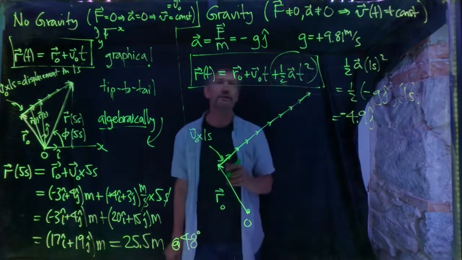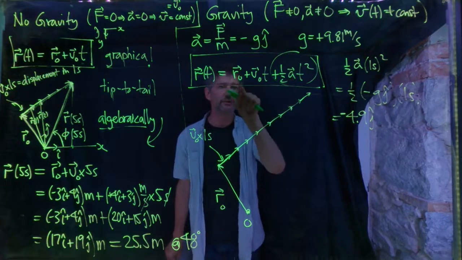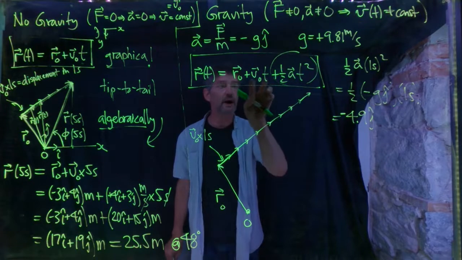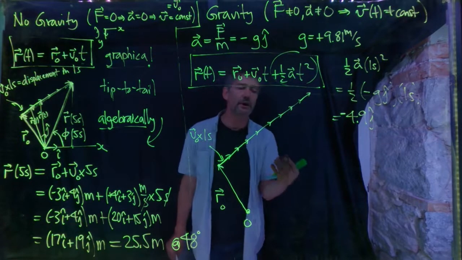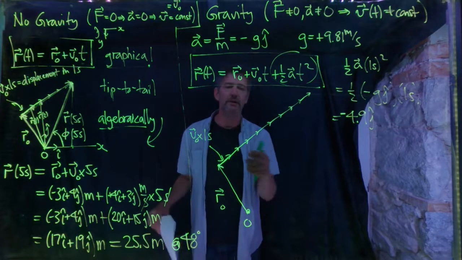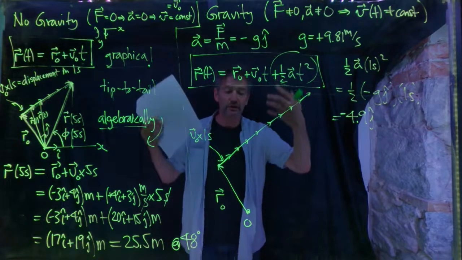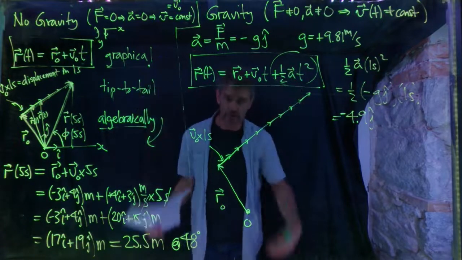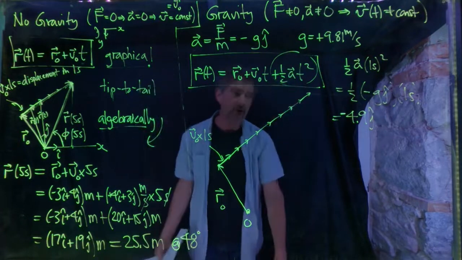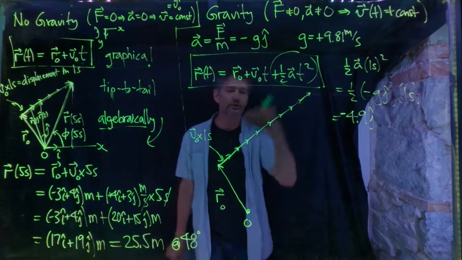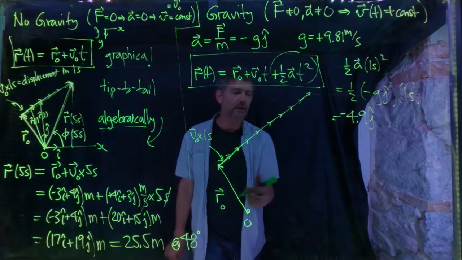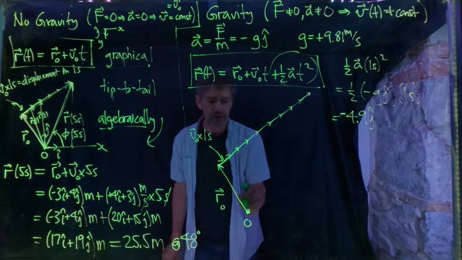These are all displacements. This is the initial displacement. This is the displacement had the object been moving with constant velocity after a certain amount of time. And this is an additional displacement that takes place because gravity is acting and the baseball is in free fall. It's always accelerating down, always moving faster and faster down. So the additional displacement due to free fall takes the baseball from this point and drops it down a little bit.